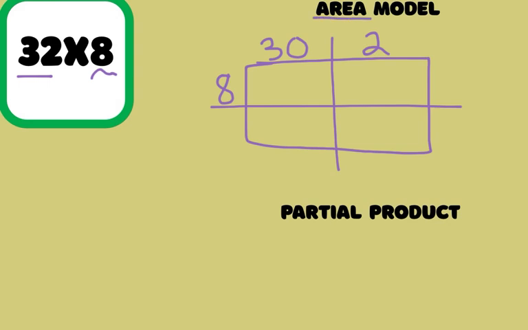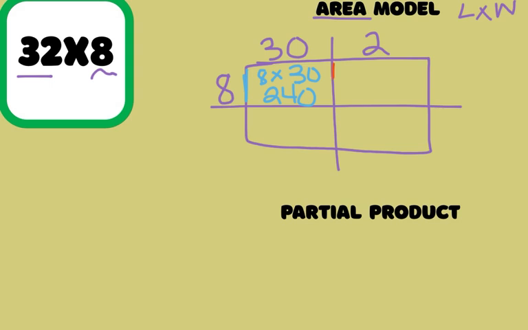Going into my area again, that we know is length times width. I have my length of 8 times 30. 8 times 30 equals 240. And I know that because 8 times 3 is 24. So powers of 10 tells me that 8 times 30 is 240.